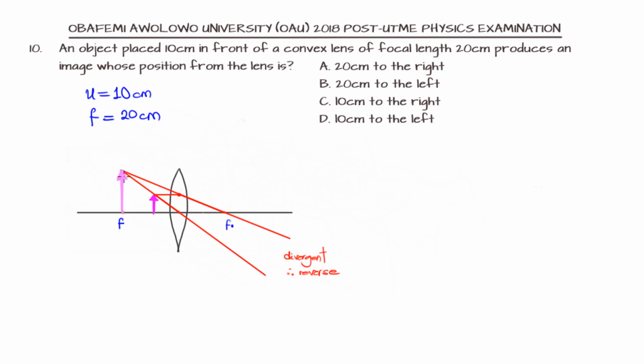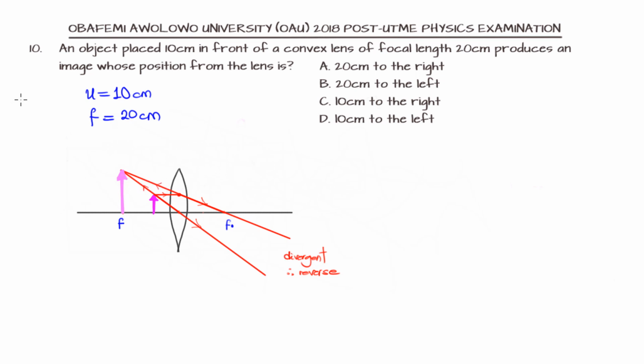Since I just used the rules of construction of rays of light passing through an object, as shown, and because they are divergent, I needed to reverse them.